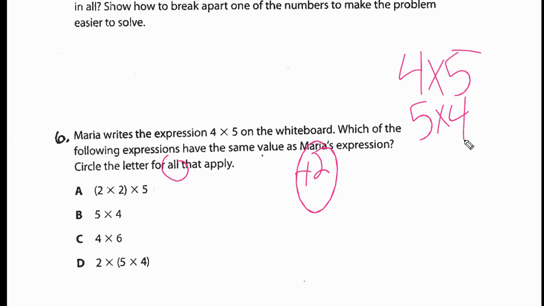C is 4 times 6. I don't see 4 times 6. If I decompose a 5, that's 3 and 2. That does not give me 6. D? Well, whoever said B, hold on. If I decompose 4, does 5 times 4 give me 4? No. If I decompose 5, does 5 times 4 give me 5?